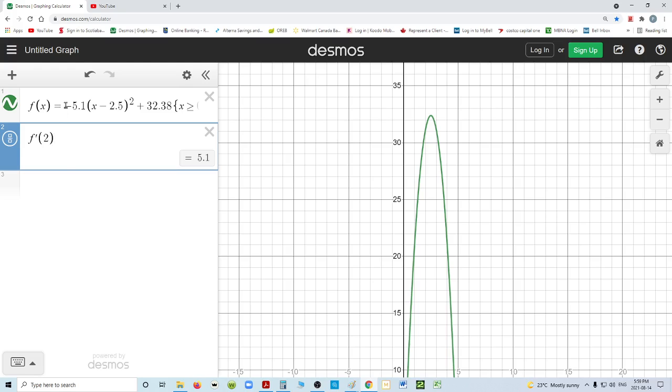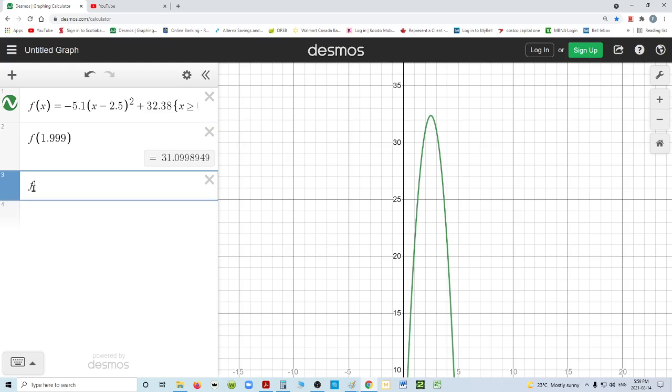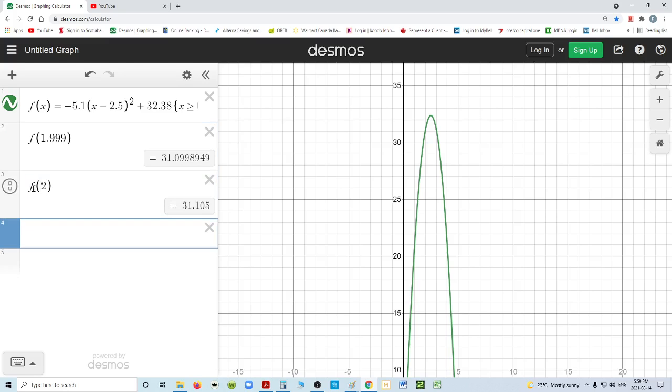The best way to come up with this would be to have this formula and take 1.99 and take 2.01, or it's just 2. And take the delta x and delta y of that.